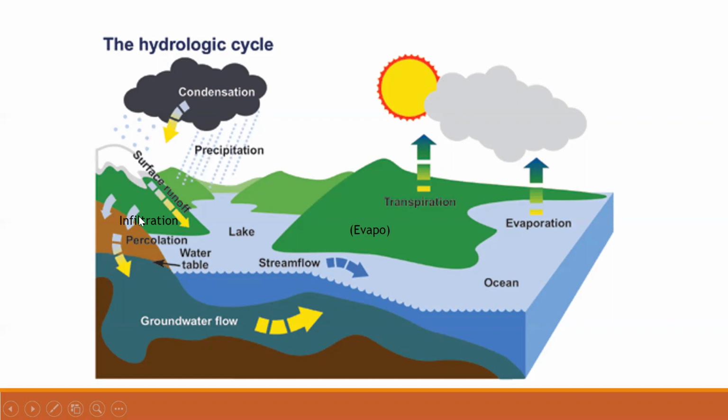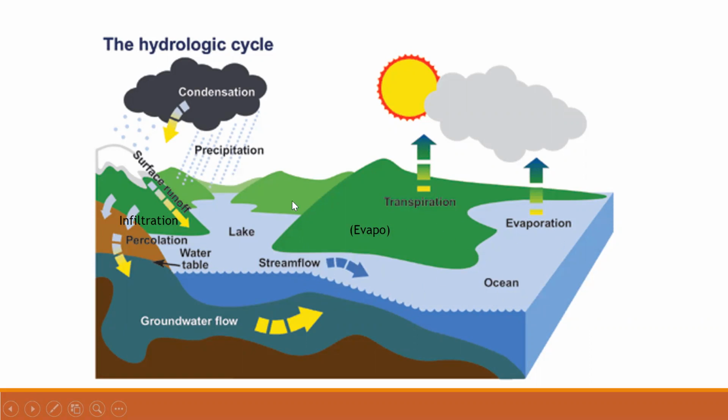Some is going to infiltrate and become part of groundwater that's moving below the surface of the earth. And we do use this groundwater for quite a bit of our water purposes that meet human needs. And then some of it is going to go on the surface of the earth and into our streams and then subsequently lakes, ultimately ending up, not necessarily always in that order, in our oceans as well.